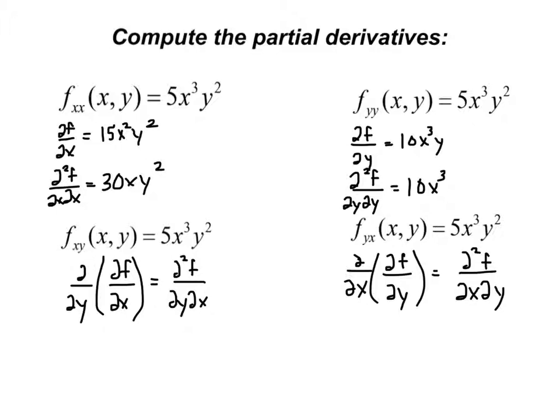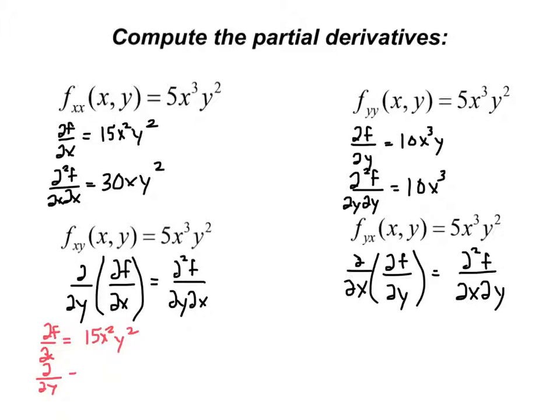So the partial derivative with respect to x we had found to be 15x squared y squared, and now we do the partial derivative of that with respect to y.